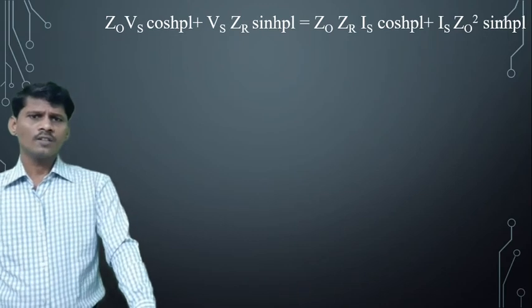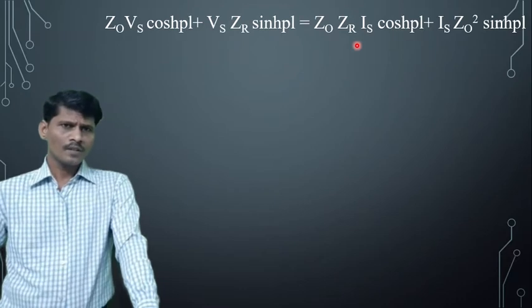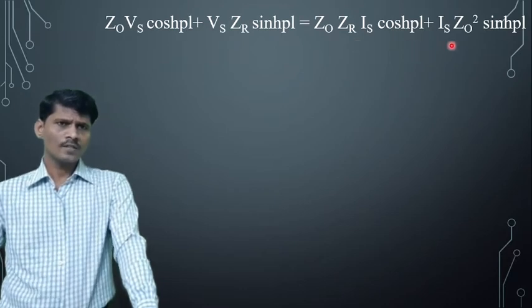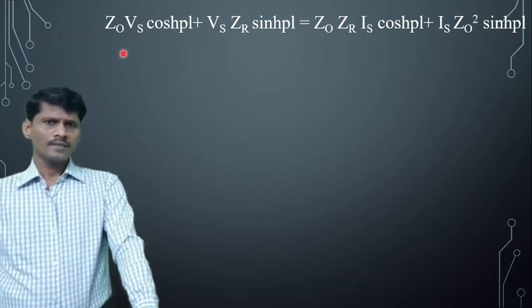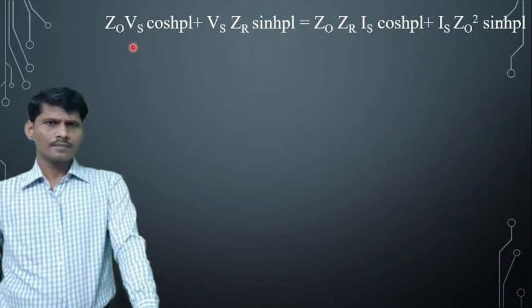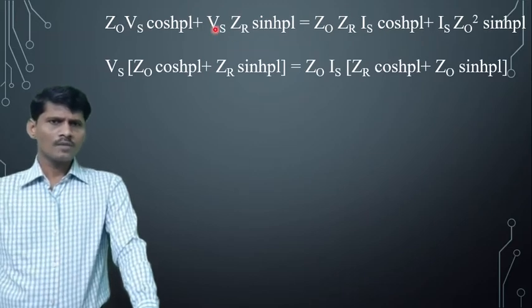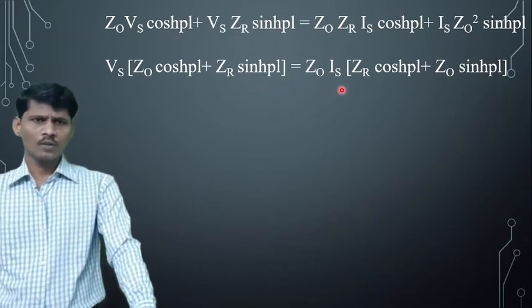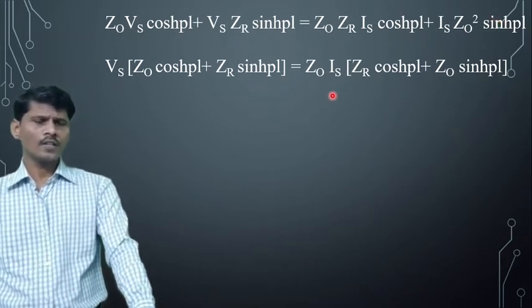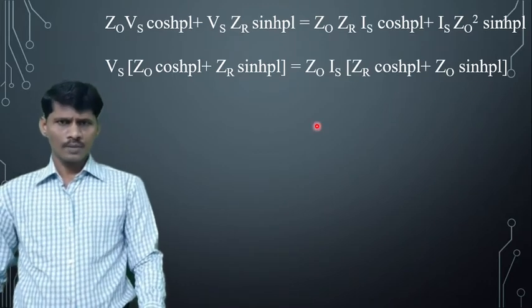We have Vs Z0 cosh PL plus Vs ZR sinh PL equals Z0 ZR Is cosh PL plus Is Z0 square sinh PL. On the LHS, Vs is common: Vs into Z0 cosh PL plus ZR sinh PL. On the RHS, Z0 Is is common: Z0 Is into ZR cosh PL plus Z0 sinh PL.